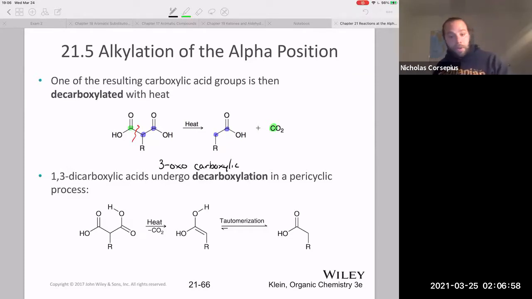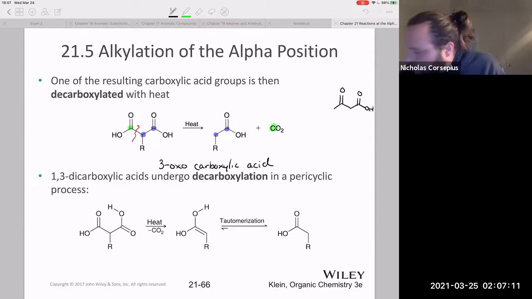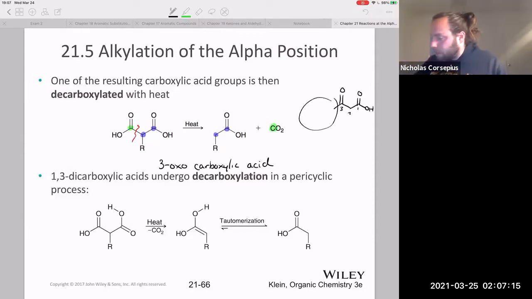It can be any 3-oxo carboxylic acid. So any carboxylic acid where you have an oxo group 1, 2, 3 carbons away. So it doesn't really matter what's going on back here. All right, and we'll see what happens here. Again, this is called decarboxylation, the loss of CO2.